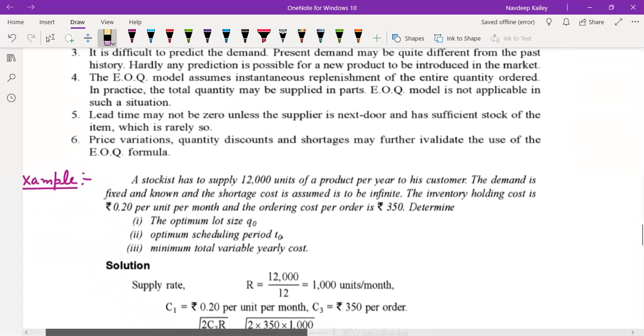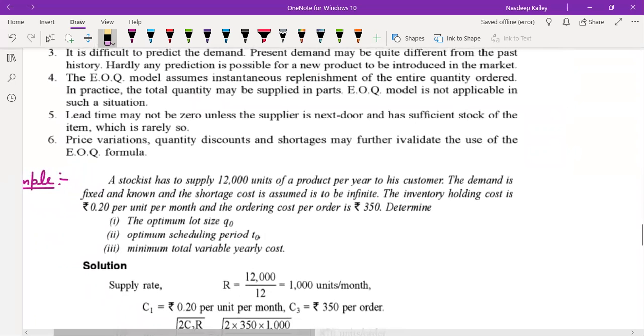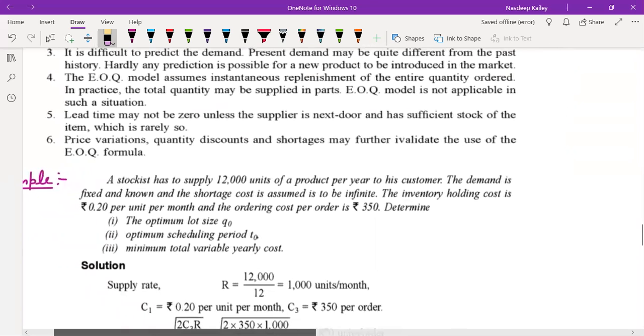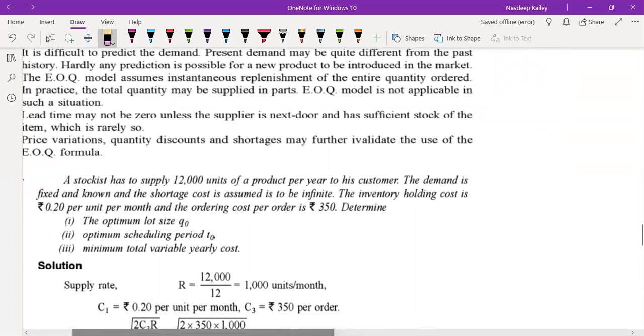The demand is fixed and known, and the shortage cost is assumed to be infinite. The inventory holding cost is rupees 0.20 per unit per month, and the ordering cost per order is rupees 350. Determine the optimum lot size, second, optimum scheduling period, third, minimum total variable yearly cost.